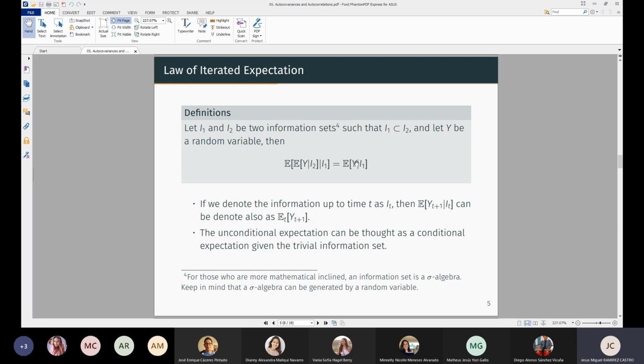So you finally compute the conditional expectation with respect to the smaller set of information, regardless of the order of these guys.